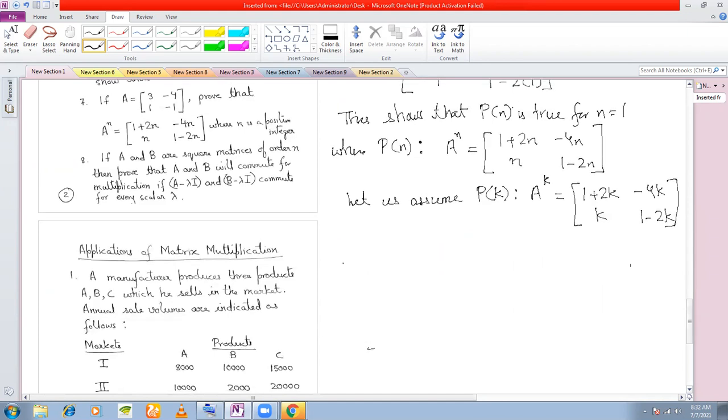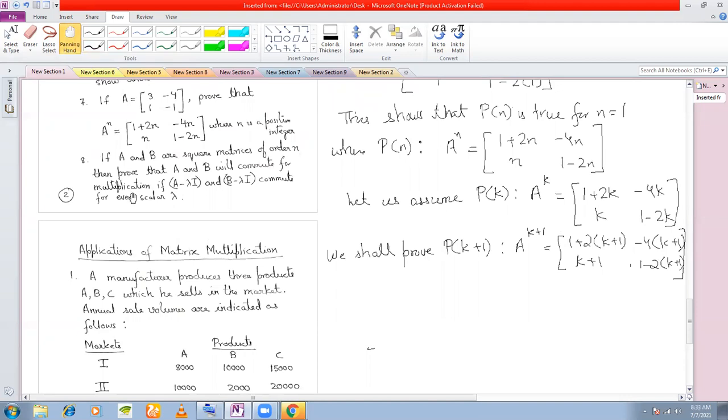And assuming Pk, we shall prove Pk plus 1. And what is Pk plus 1? That is A to the power of k plus 1 is equal to 1 plus twice k plus 1, minus 4 into k plus 1, k plus 1, 1 minus twice k plus 1. This is what we want to show.